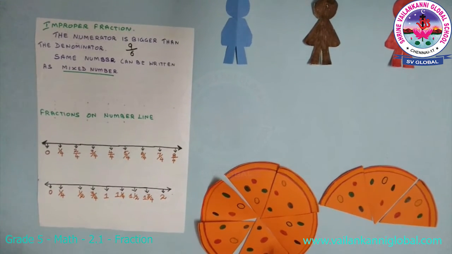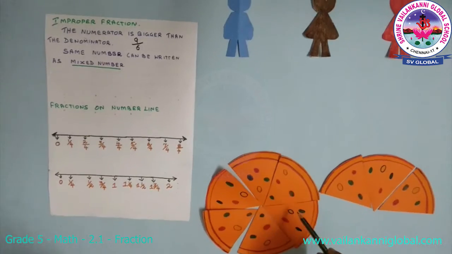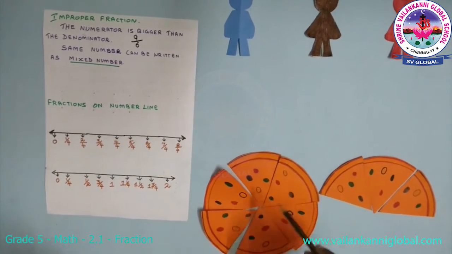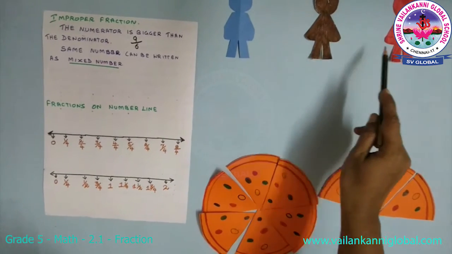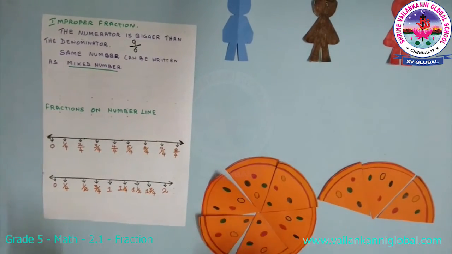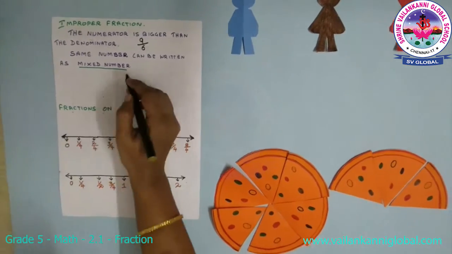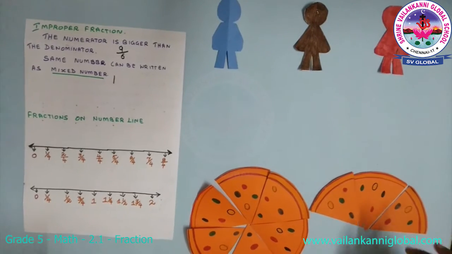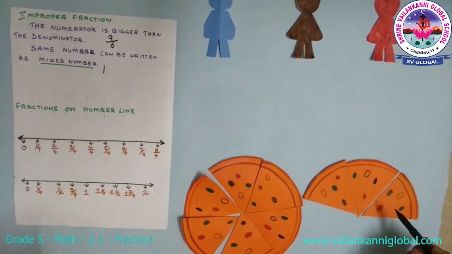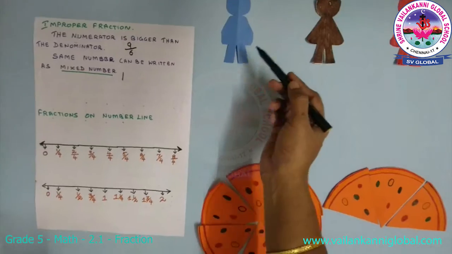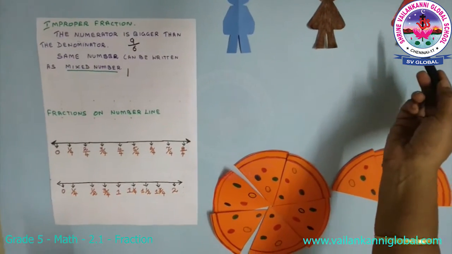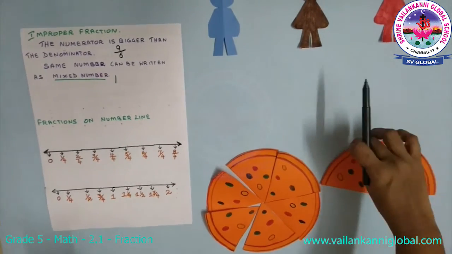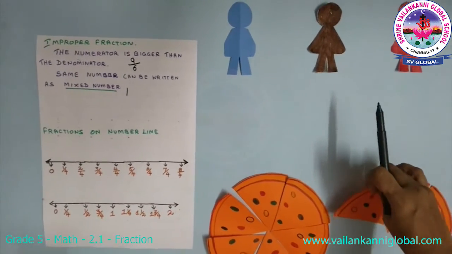If you are serving this to all 3 persons, one full pizza you are sharing among 3 persons. Then one more part that you are sharing among the persons: here 3 parts are there, and among these 3 parts you are going to share one piece each.